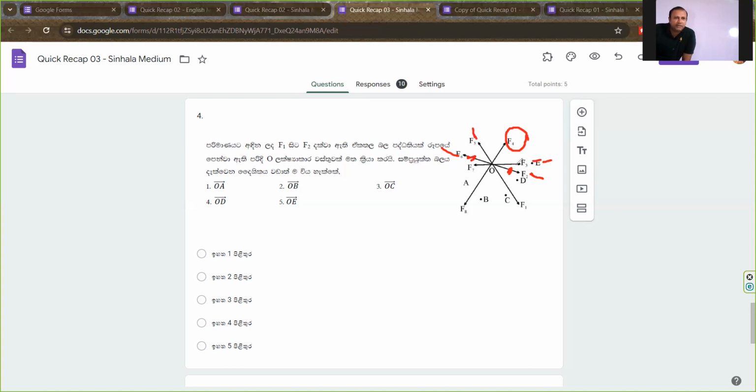They are like the diagonal of those two. So according to this figure, you can assume these two angles are approximately equal. Therefore, the resultant of F3 and F5 should definitely be in the direction of F4.